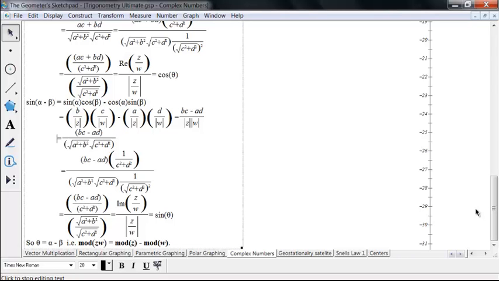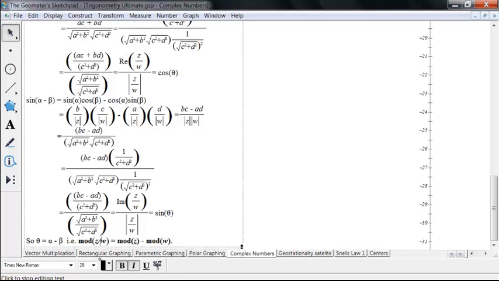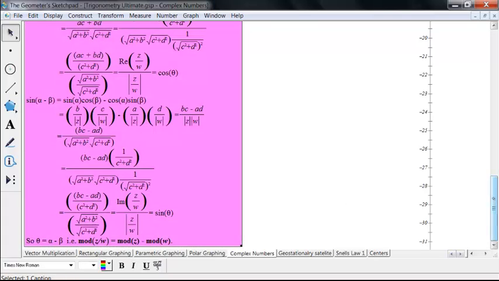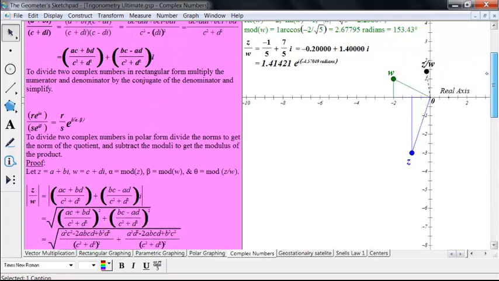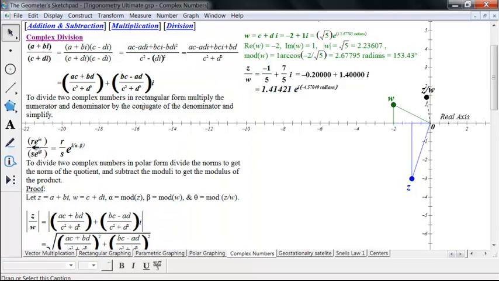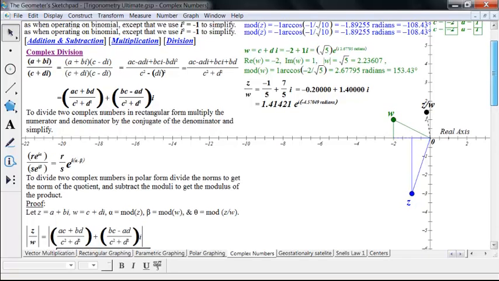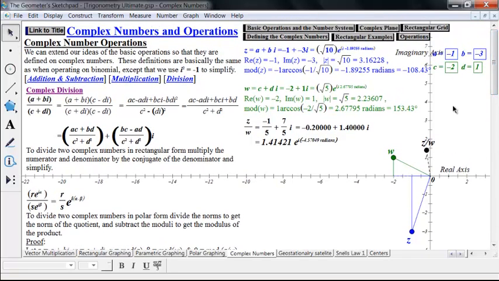And so that means the modulus of z divided by w is the modulus of z minus the modulus of w. And so we are justified in writing it in this polar form and using our normal rules of exponents. We just divide the coefficients and subtract the exponents. It works out nicely that way, which is why we use that notation, because it's very convenient.